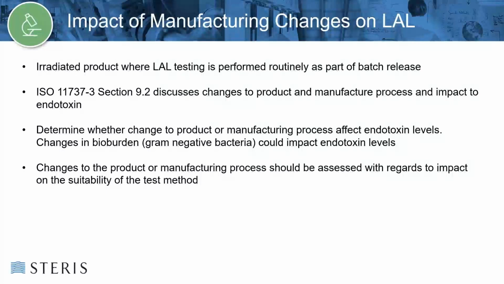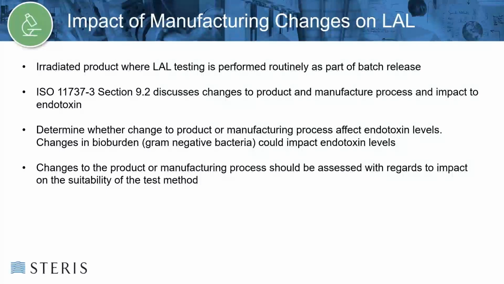As per the new standard on endotoxin, ISO 11737-3, Section 9.2.1, changes to either the product or manufacturing process or both shall be reviewed to determine whether they are likely to alter bacterial endotoxin levels with consideration to the purpose for which the bacterial endotoxin testing data are to be used.